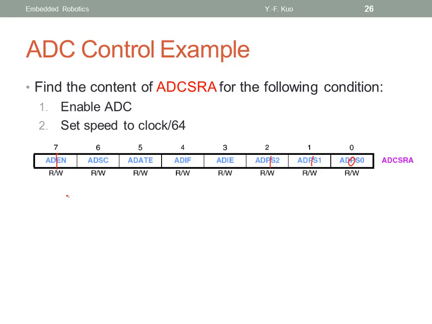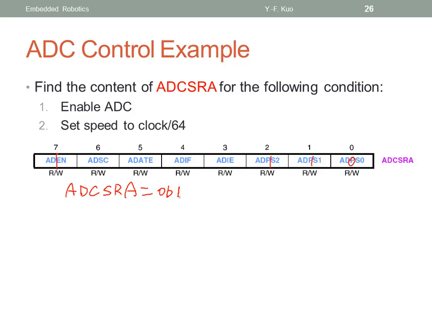The name of the register is ADCSRA, and with that, it equals, if it is a binary number, we write 0b, so it's binary. And binary is easy.